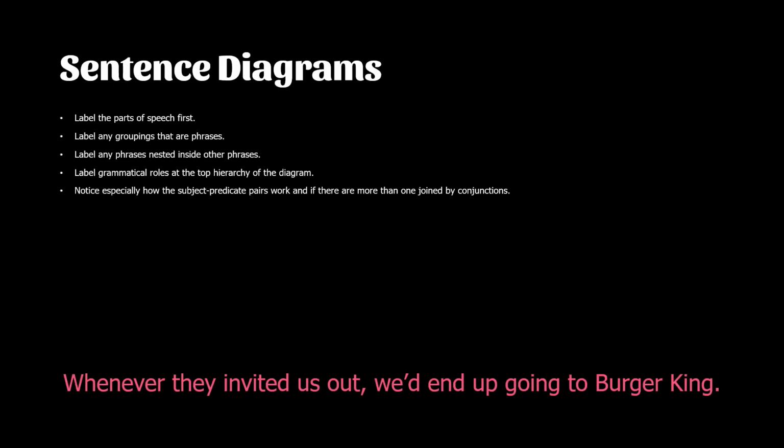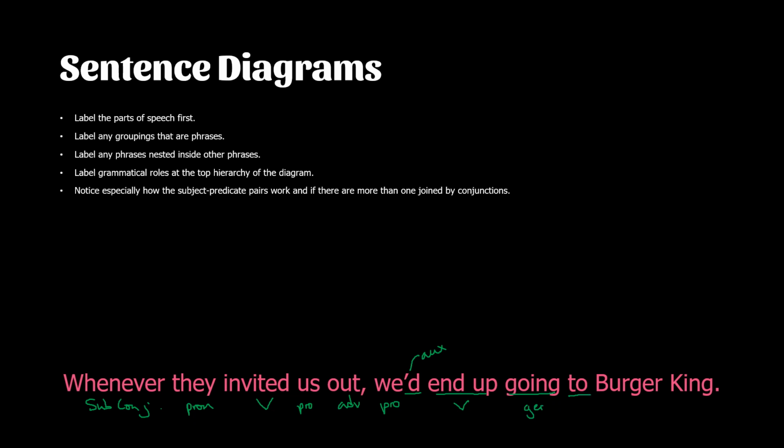Here is a little bit more complicated one. We have a comma, so that's a sign that something is going on. We have a subordinating conjunction. We have a pronoun, a verb, we have another pronoun, and we have an adverb. We have another pronoun. Would is an auxiliary. End up is a phrasal verb. Going is a gerund.